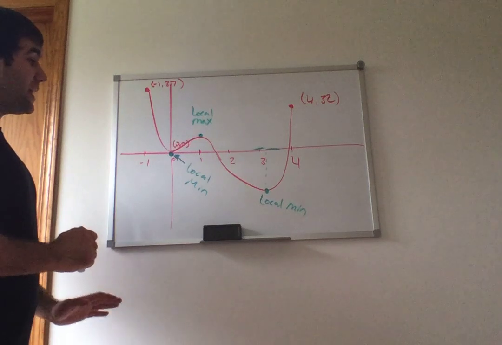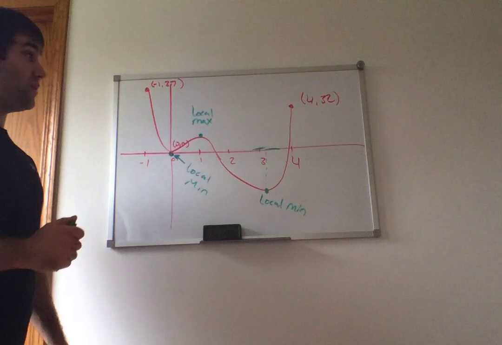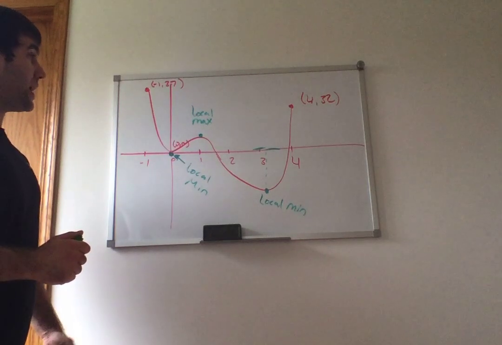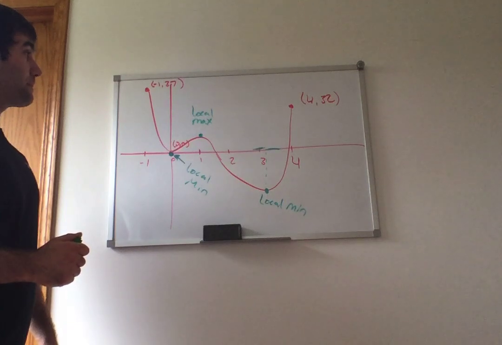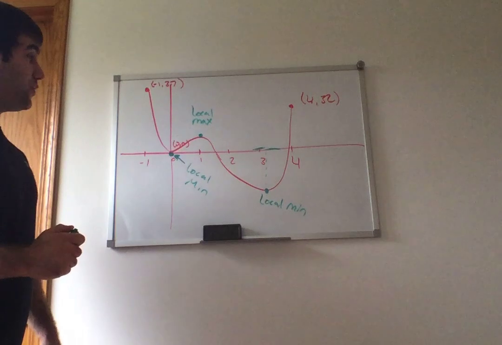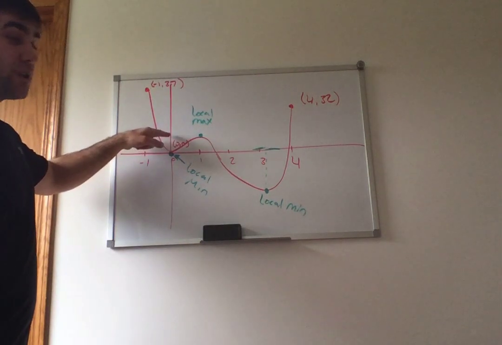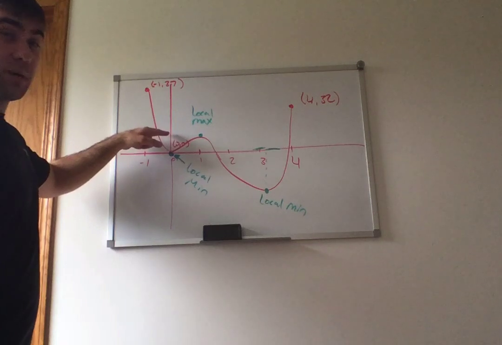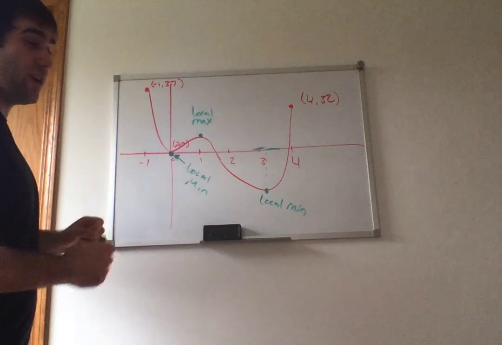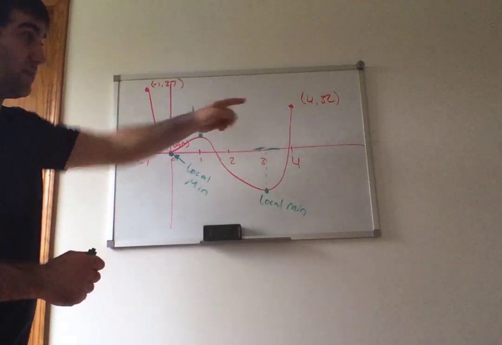So, looking at this function, what is the highest y value that you see? Give you a second, think about it. The highest y value, yes, this is a maximum right here, but when we're talking about the absolute maximum, we're talking about the highest value of the entire function, starting from the first number in its domain all the way to the last number in its domain.